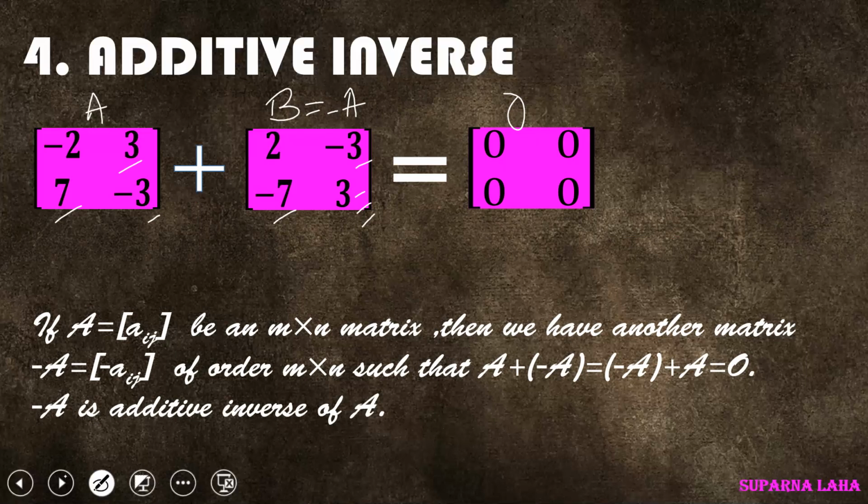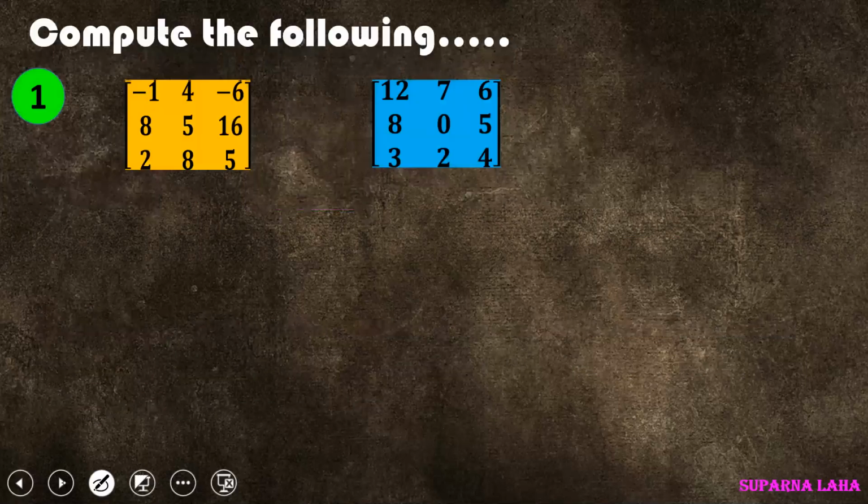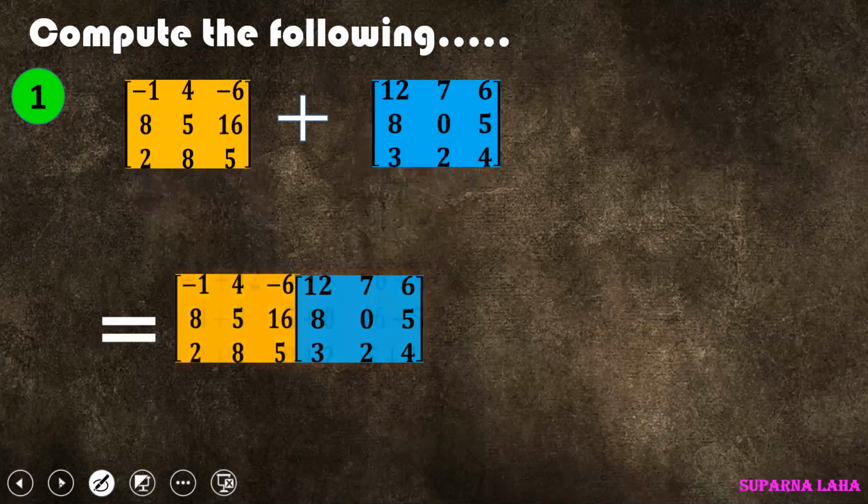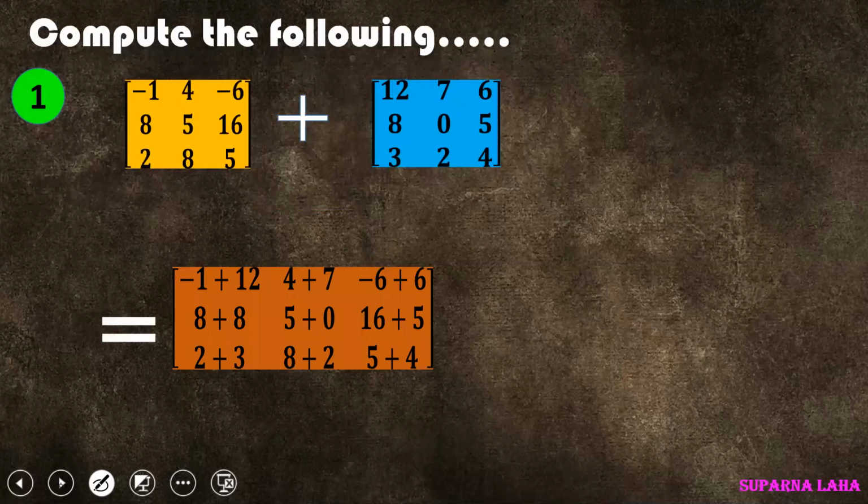Now let's check some problems. You need to add these two matrices. Addition is very easy. You just need to add their corresponding elements. So add them. First row, first element: -1 plus 12, 4 plus 7, -6 plus 6, 8 plus 8, 5 plus 0, 16 plus 5, 2 plus 3, 8 plus 2, 5 plus 4.